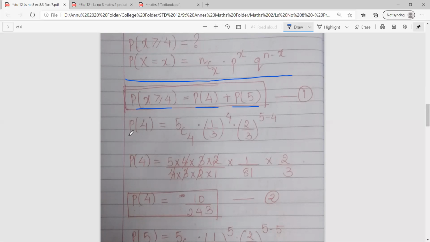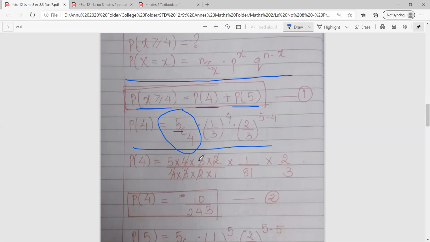So first I'll find P of 4. So I'll put the values 5C4 into 1 upon 3 raised to 4 into 2 upon 3 raised to 5 minus 4. Yesterday I explained you all the logic. It is 5C4. That means in the numerator, I have to open 4 digits back to back.